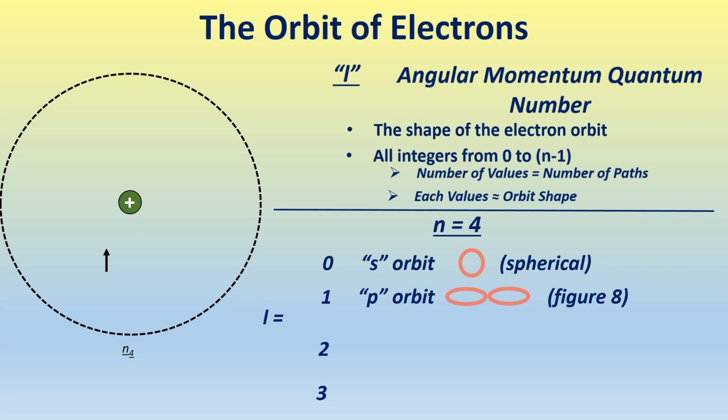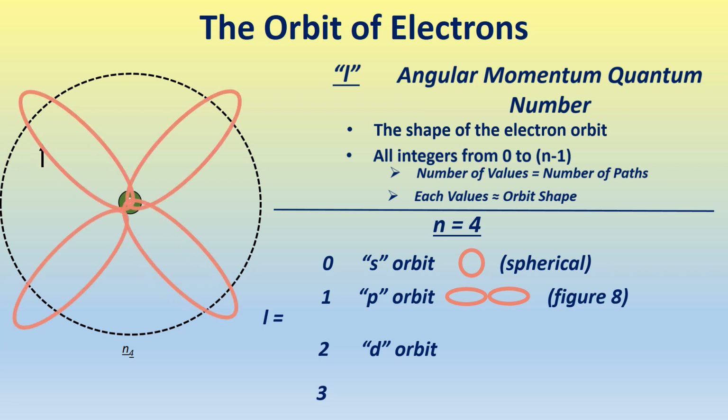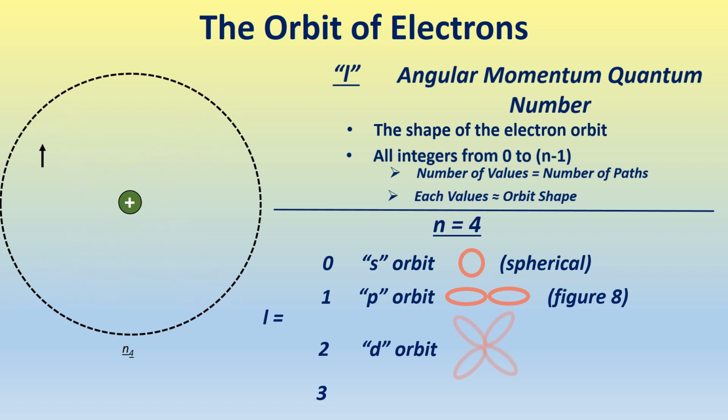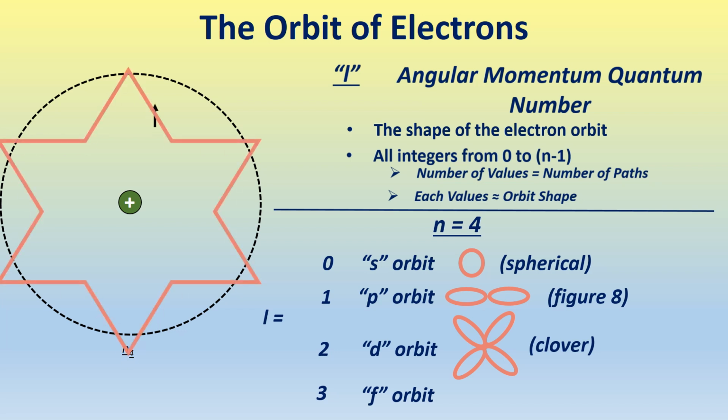l equals 2, which is called a d orbital, winds up giving a shape similar to a 4-leaf clover, where the electron travels along a 4-way path. l equals 3 is an f orbital. It essentially gives a complicated shape similar to a chrysanthemum. It's a multi-leafed flower having 7 different lobes.